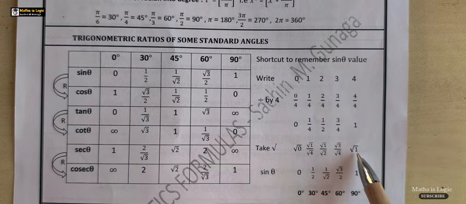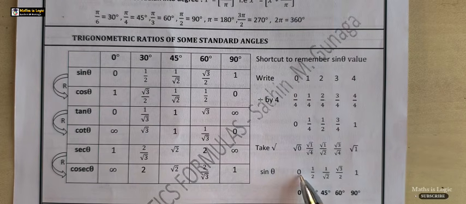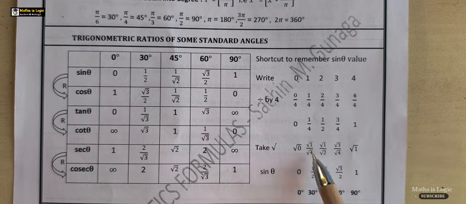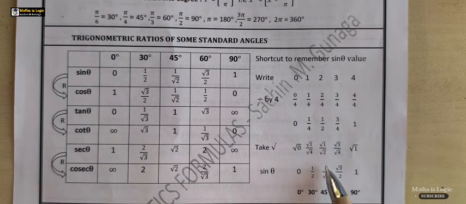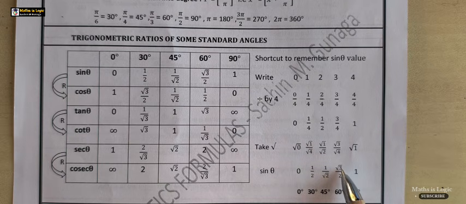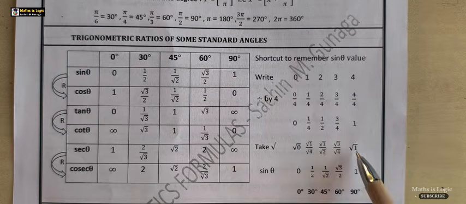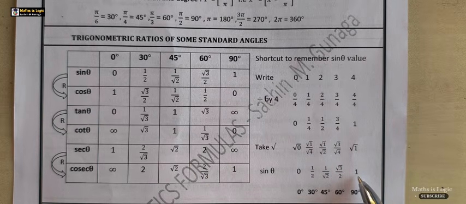Square root of 0 is 0, square root of 1 is 1, square root of 4 is 2, square root of 1 is 1, square root of 2 is 2, square root of 3 keep it as it is, square root of 3, and square root of 4 is 2, then square root of 1 is nothing but 1.